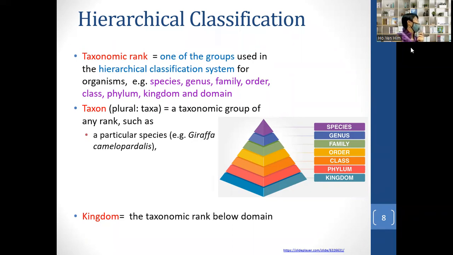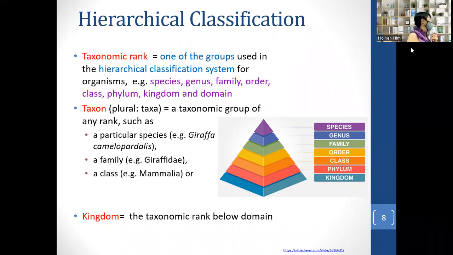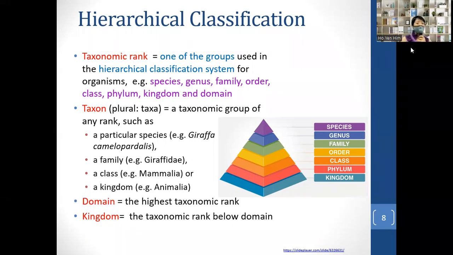For example, a particular species is a taxon. A family is also a taxon. A class is also a taxon. A kingdom is also a taxon. Each of these is a taxon, meaning the ranking of the group in the hierarchical classification. Domain is the highest taxonomic rank, which is drawn at the bottom there.